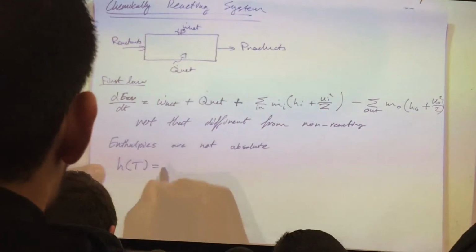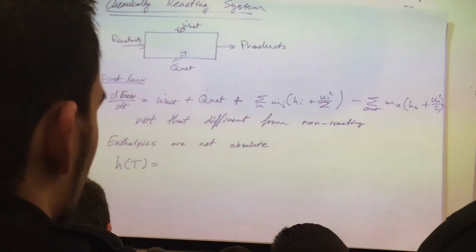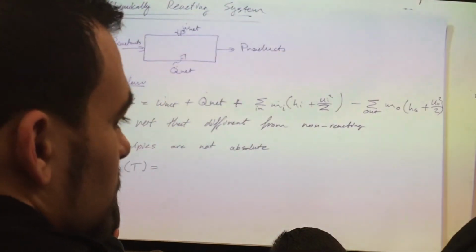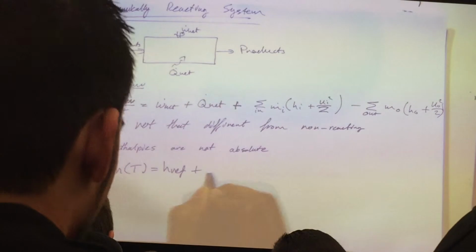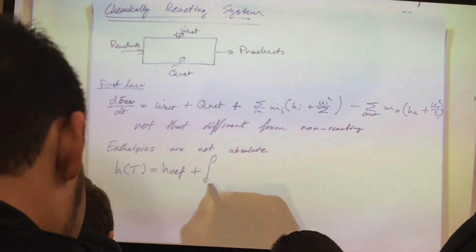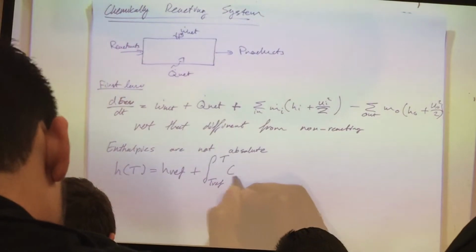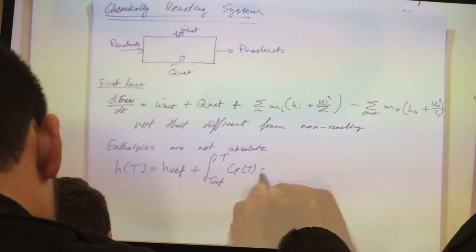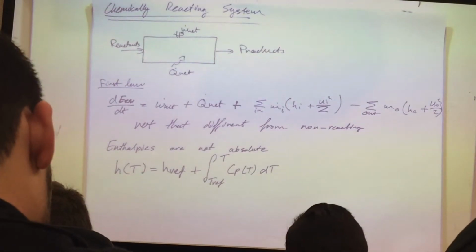And therefore, I could just say, I'm going to use the reference enthalpy and integrate my Cp(T): integrate from some T reference to some T of Cp dT. And that's the difference between chemically reacting systems.